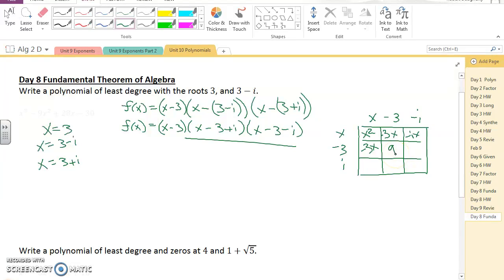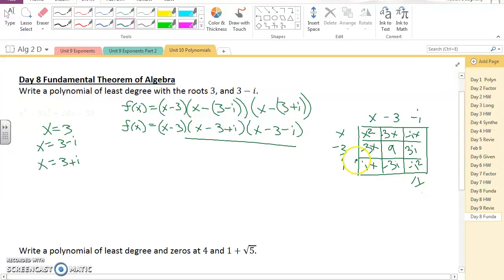Negative 3 times negative i is 3i. Go to the next row. i times x is ix. And then negative 3 times i is negative 3i. And then negative i times i is negative i squared. But since i squared is negative 1, negative i squared is just simply going to be 1.